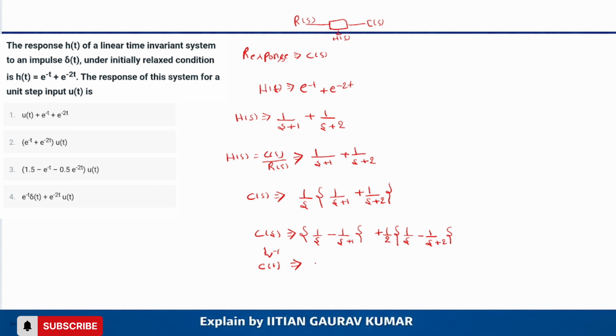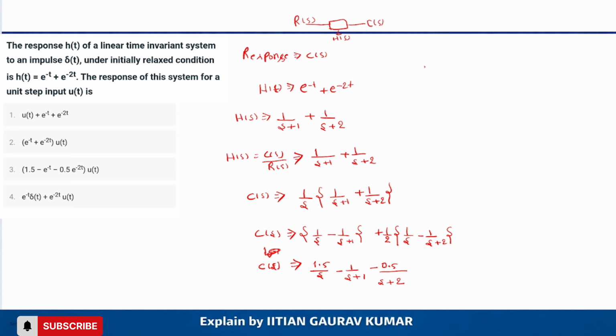Firstly, for C of s, we can further classify this as 1.5 divided by s minus 1 by s plus 1 and minus 0.5 divided by s plus 2.